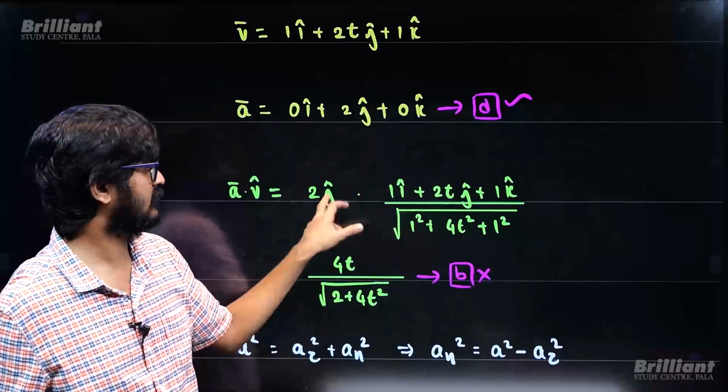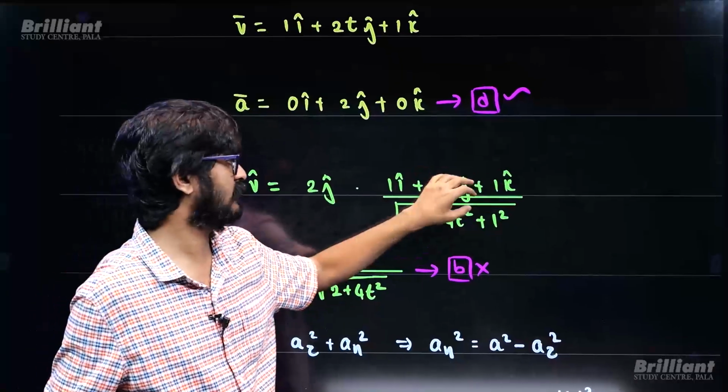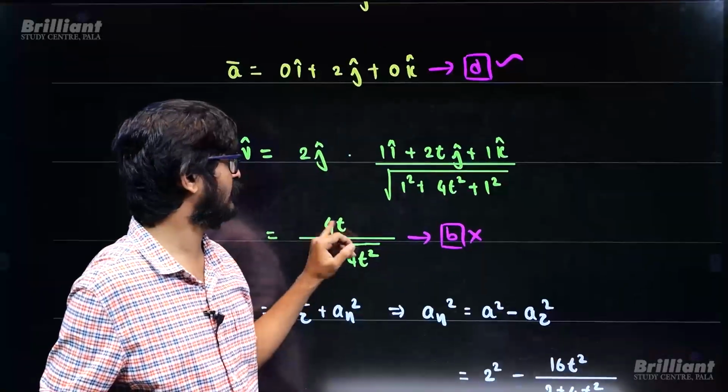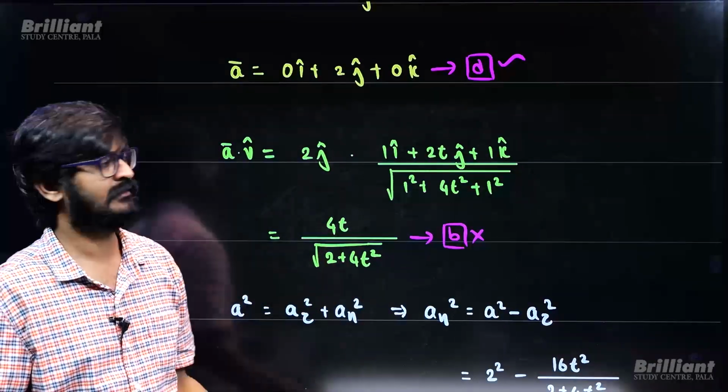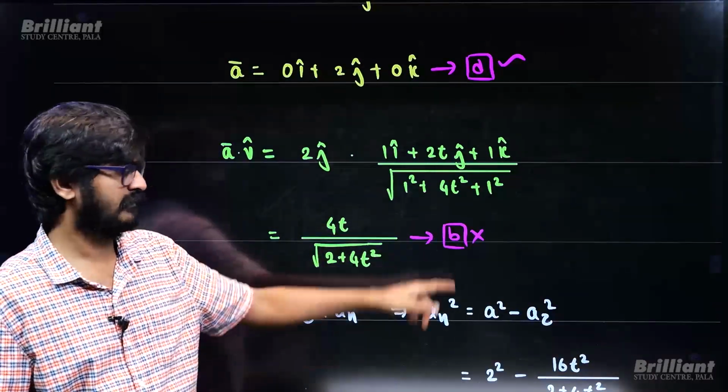So when you take the dot product, j cap dot i cap is 0, this one is 0, so only this one will be surviving. 2 into 2t will be 4t, in the denominator we will be getting root of 2 plus 4t square. So that's the tangential acceleration, which is not matching with the given option.